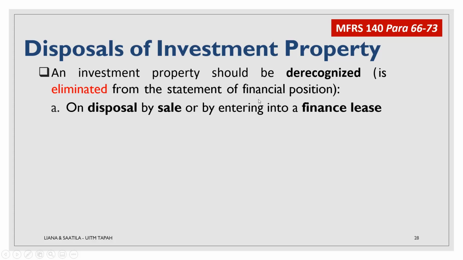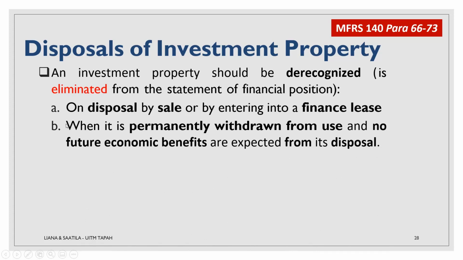Remember, if an owner enters into a finance lease, that is no longer the investment property or asset of the owner, and that would be the investment property of the lessee. So that has eliminated the asset from the statement of financial position of the lessor or the owner.